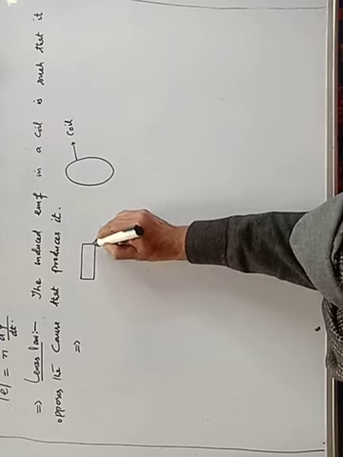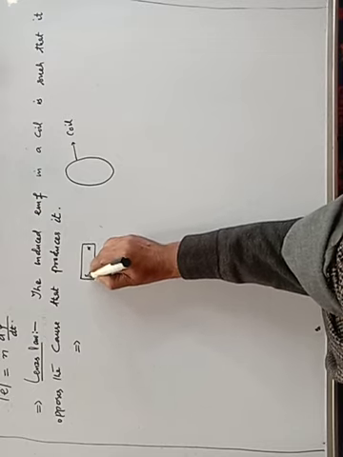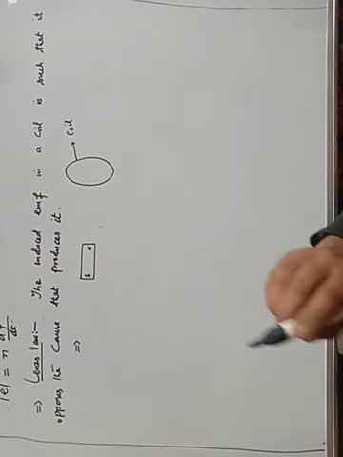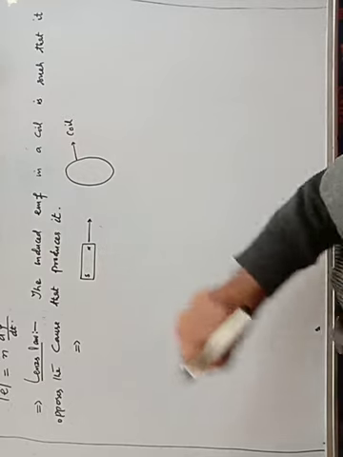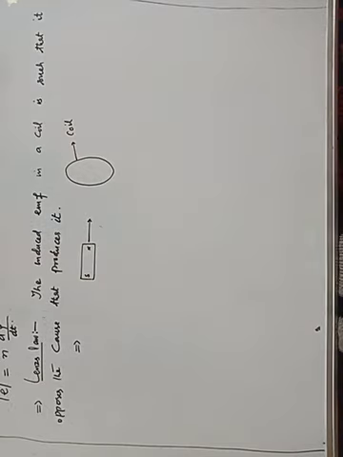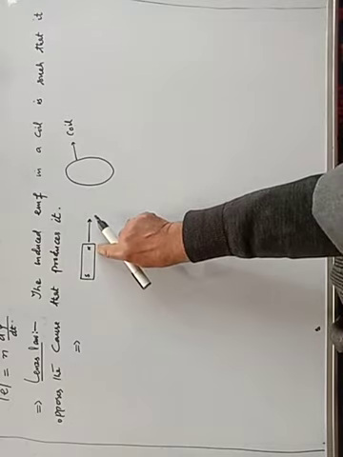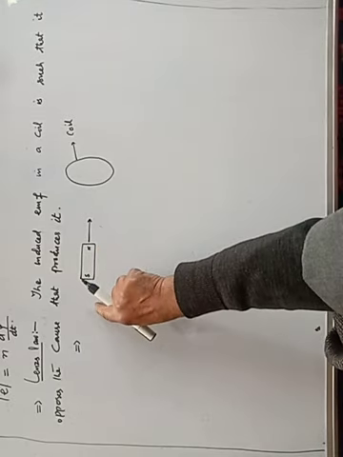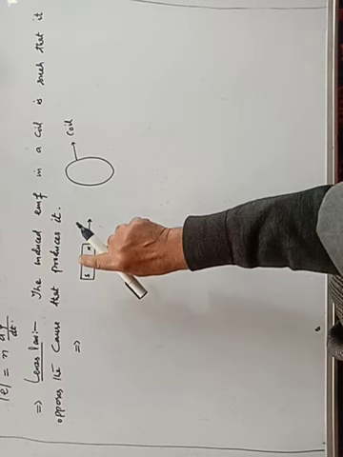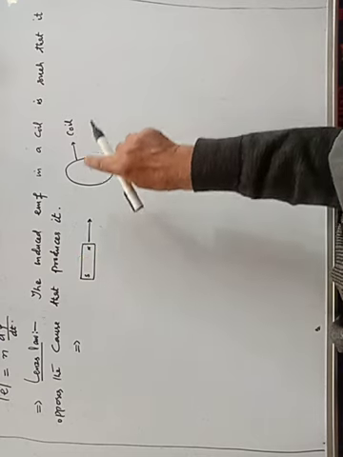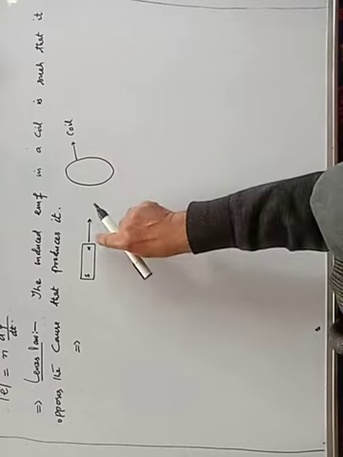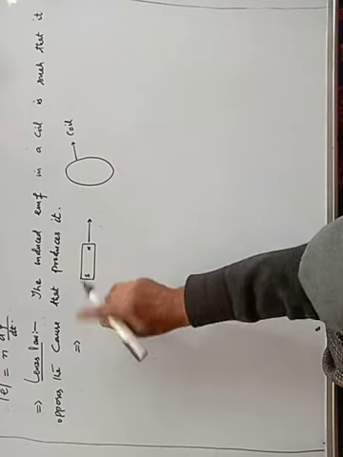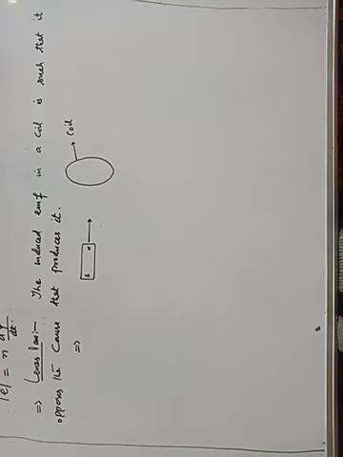The north pole of the magnet is taken towards the coil, or the north pole of the magnet is taken away from the coil. The south pole of the magnet is taken towards the coil, or the south pole of the magnet is taken away from the coil.